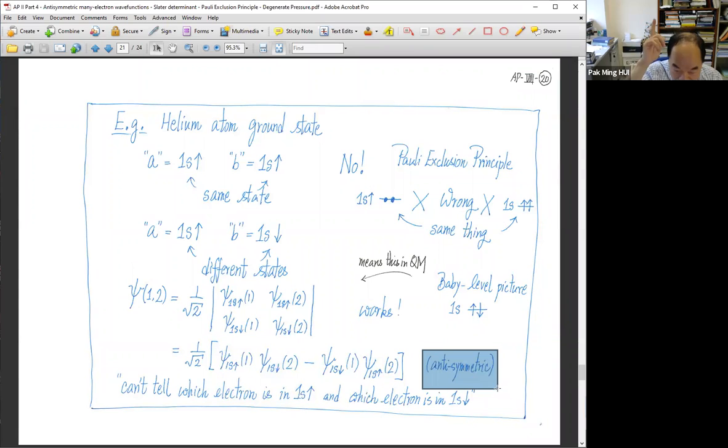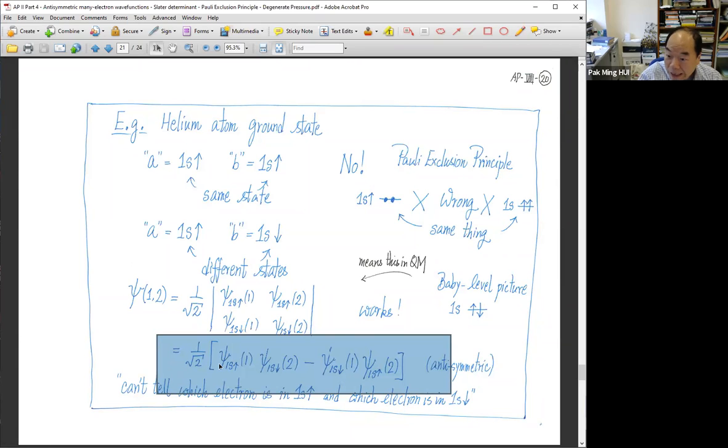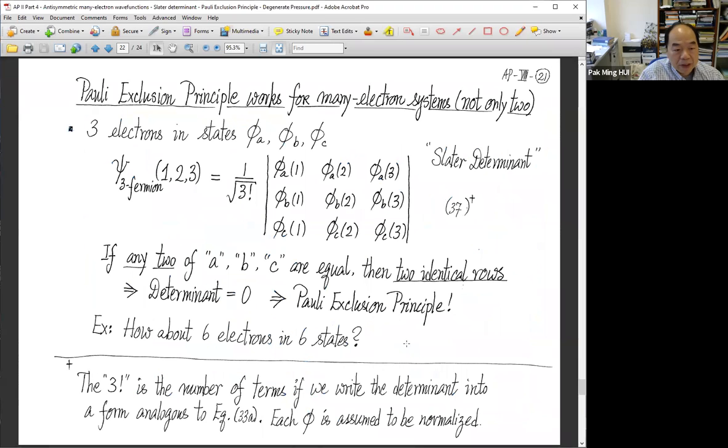Okay, so now we will look at this final form a bit more when we go to the spin property of the ground state. We will notice that this is a spin singlet state, S equals 0 state. We will see that a bit later. So we have Pauli exclusion principle demonstrated for the 2 electron case.